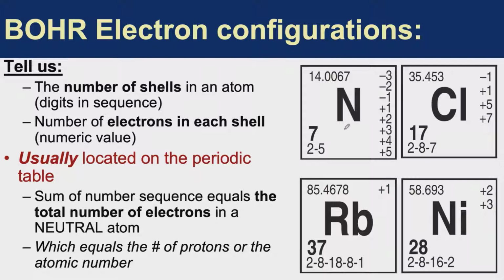So for instance, in nitrogen, 2 plus 5 equals 7. There are 7 electrons, and you will notice that equals the atomic number, which is the number of protons in this atom as well. So as long as you have a neutral atom, or you know the charge on your ion, you can figure out how many electrons you have simply by adding up that sequence of numbers.